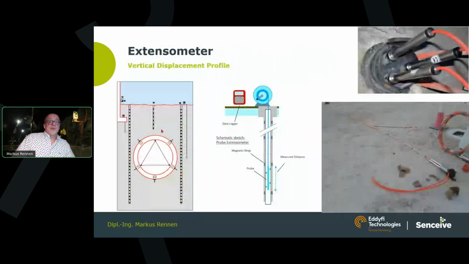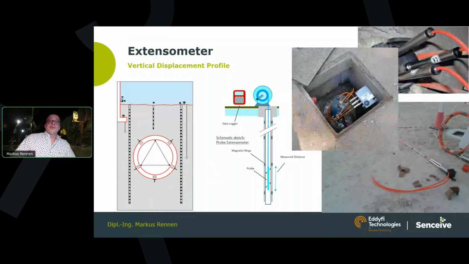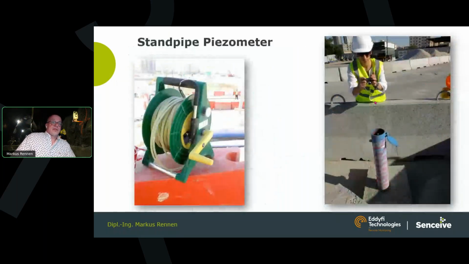The same, of course, applies to extensometers, where you can have different types of extensometers with certain lengths of rods. You can have manual readouts with people going there, but this could also be collected by these kinds of nodes where the data goes in and is submitted, as I mentioned before, to a certain threshold.